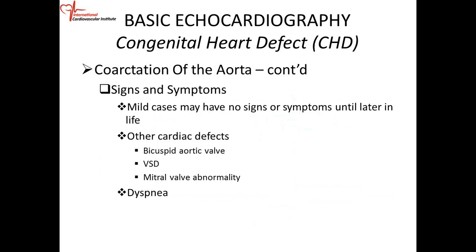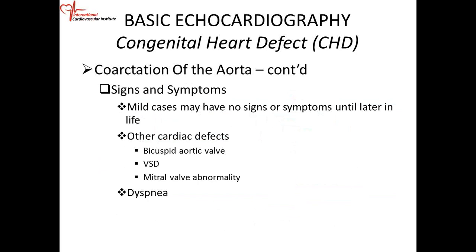So when you do blood pressures in both upper extremities, the left and the right arm, you'll get a differential pressure. If it comes just before the left subclavian artery comes off the aortic arch, then you're going to get high pressure in the right arm.